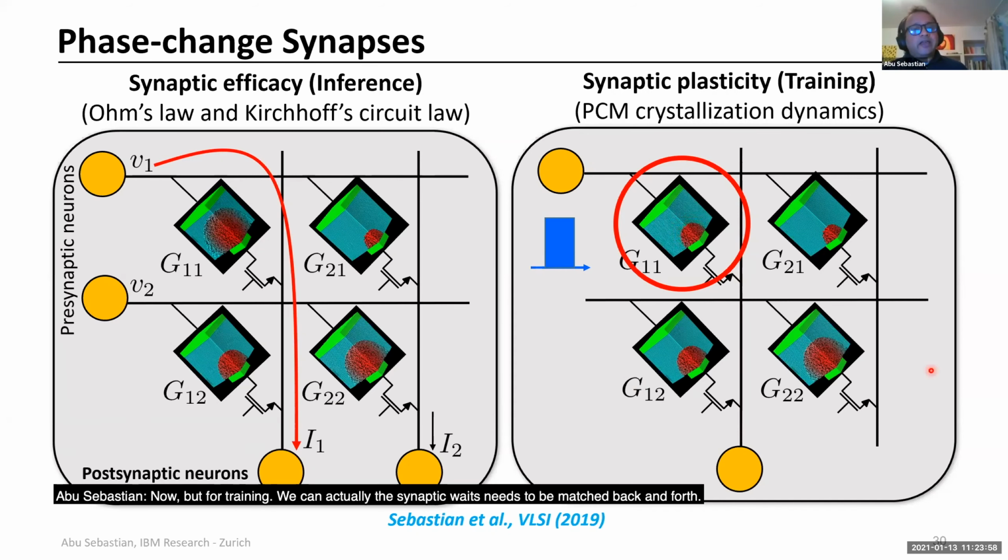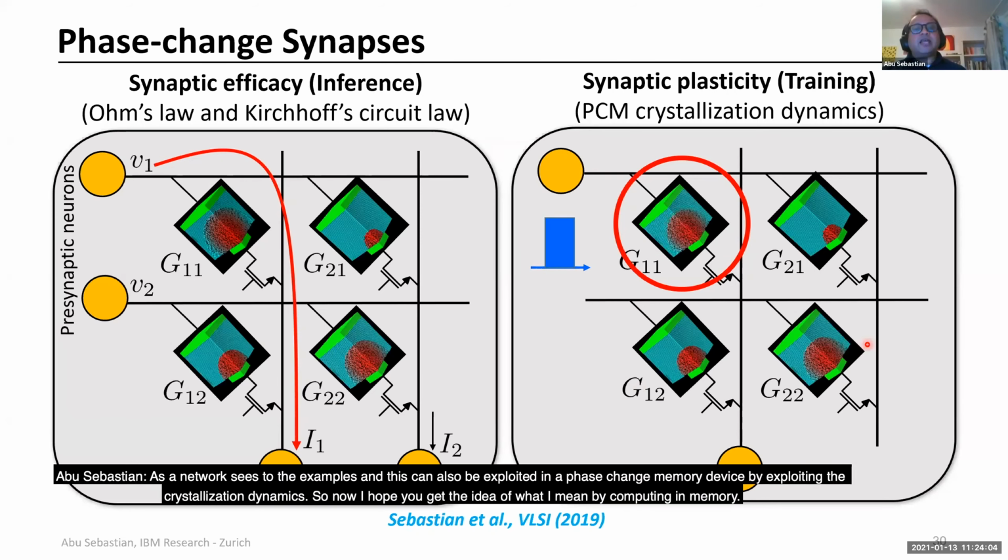Now, for training, the synaptic weights need to be nudged back and forth as the network sees through the examples. And this can also be exploited in a phase change memory device by exploiting the crystallization dynamics. So now I hope you get the idea of what I mean by computing in memory by exploiting the physical attributes, right?